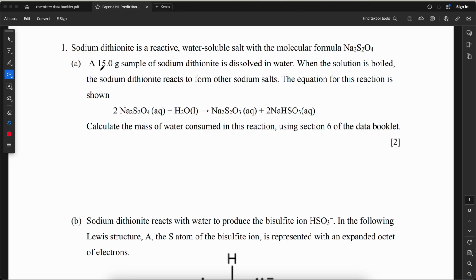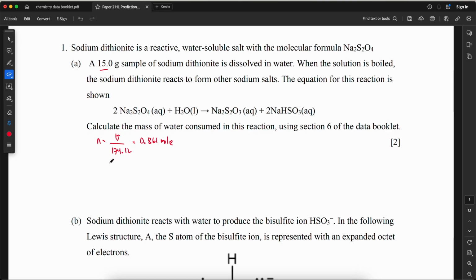So we've got the mass of sodium dithionite, which is this one. So we can calculate the moles, which is 15 divided by its molecular mass, which is 174.12. That would be 0.861 mole. So to find the mass of water, we can do the mole ratio.